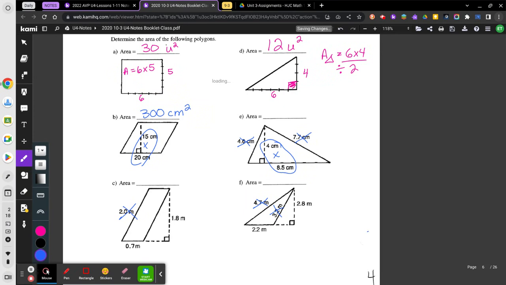So we multiply base times height, and then we got to divide it by 2 because it's a triangle. So base times height, divide 2. Okay, base times height, divide 2, because it's a triangle. So 8.5 times 4, and then divide it in 2, cut it in half. Well, that's going to give us my favorite number, 17 centimeters squared.